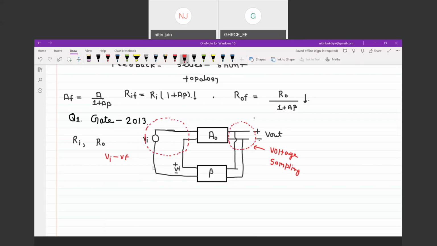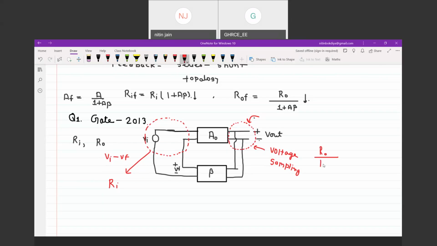So the mixing is a series kind of operation. So it will enhance the input resistance, because voltage mixing is a series event when you have to add two sources in series, and voltage sampling is a parallel kind of arrangement. So output resistance will be lesser than what we had previously.